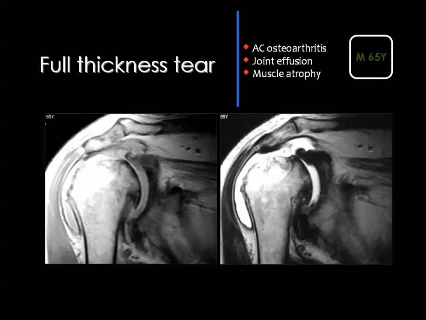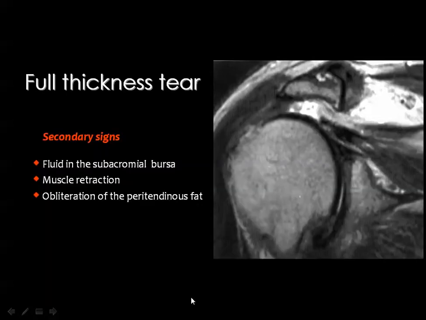And in cases of full thickness tear, effusion now has free access to the subacromial bursa, and you cannot consider this as bursitis because the fluid in the bursa is not secondary to inflammation. It is secondary to rupture of the supraspinatus tendon, allowing the joint effusion to communicate with the subacromial bursa.